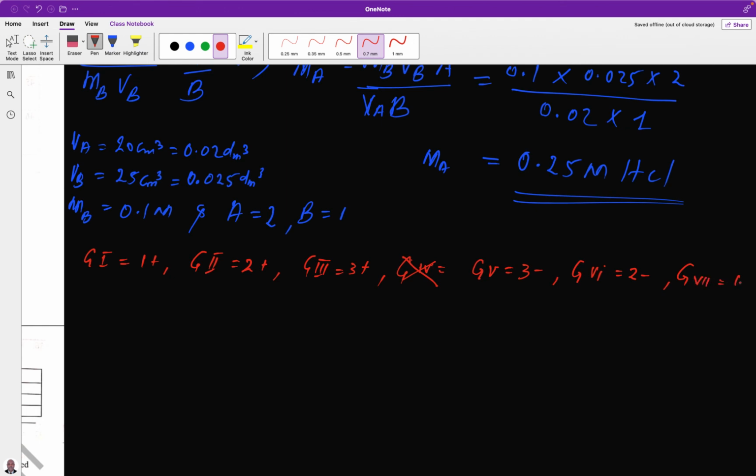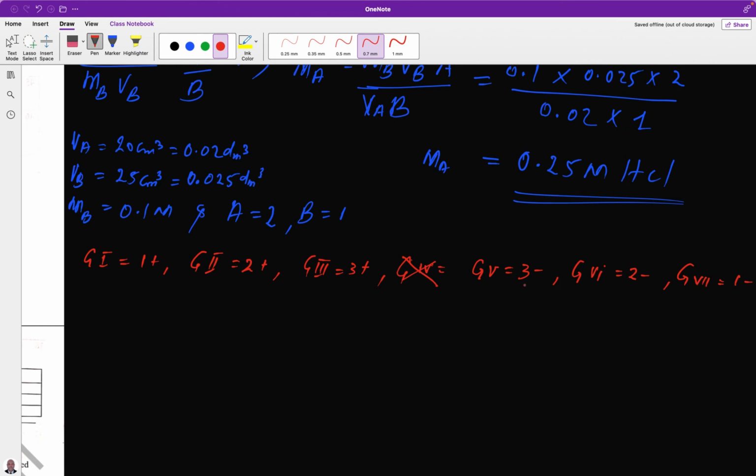A charge of plus 1 corresponds to 1 electron lost. A charge of plus 2, 2 electrons lost, and 3 electrons lost for plus 3. All these electrons are lost to obtain a full octet of electrons.